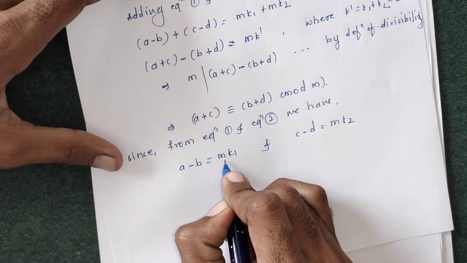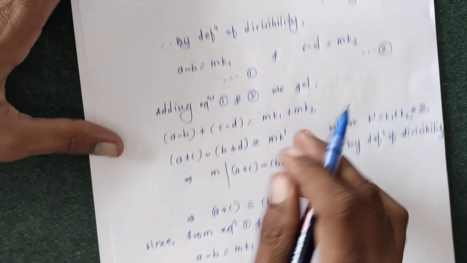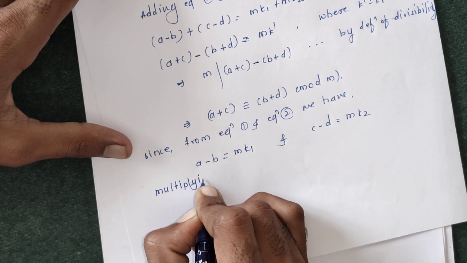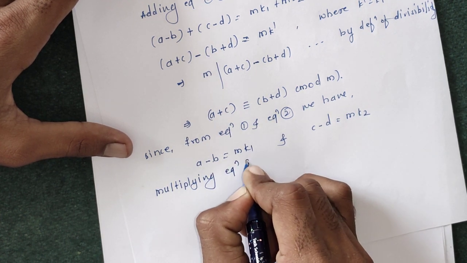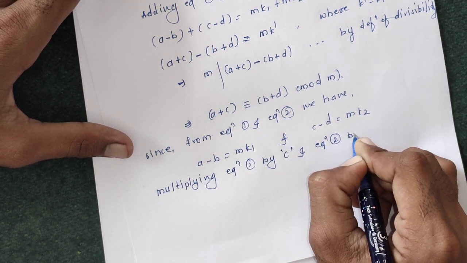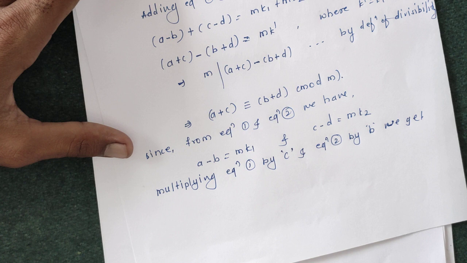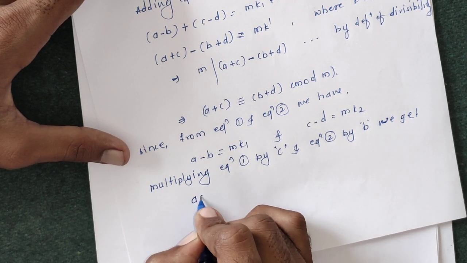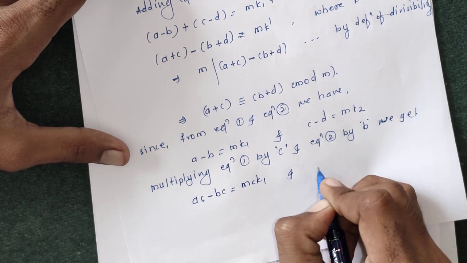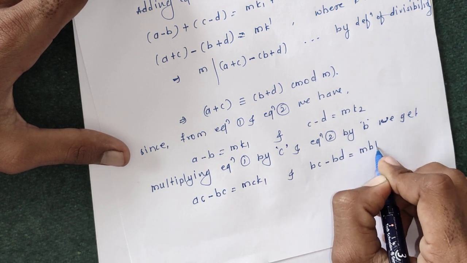So multiplying equation 1 by C and equation 2 by B, we get AC minus BC is equal to m into C into k1 and B into C minus B into D is equal to m into B into k2.